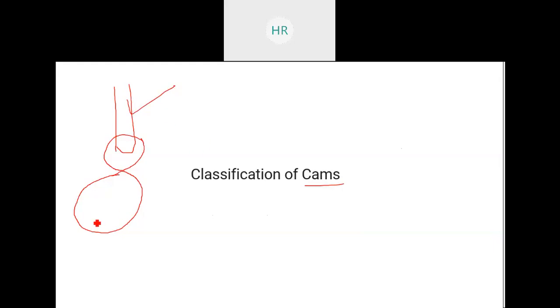Now classification of cams we'll look at. So there are many classifications of cams possible, but widely these two are widely used. One is radial or disc cam, and second is cylindrical cam.